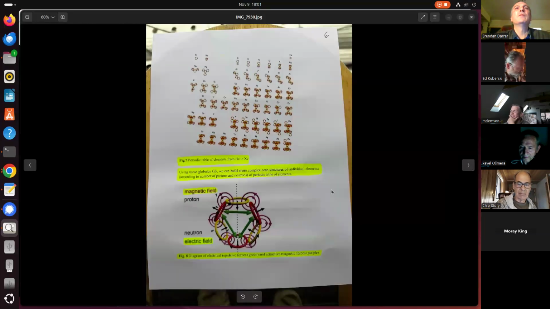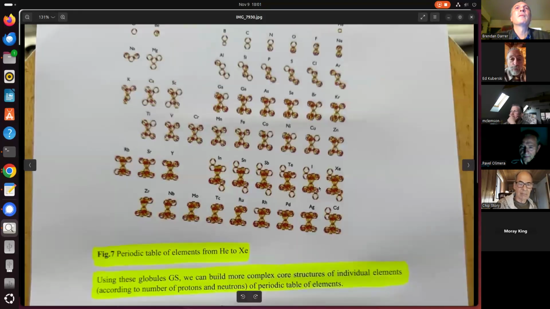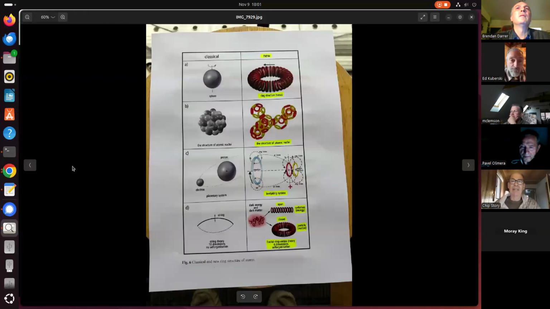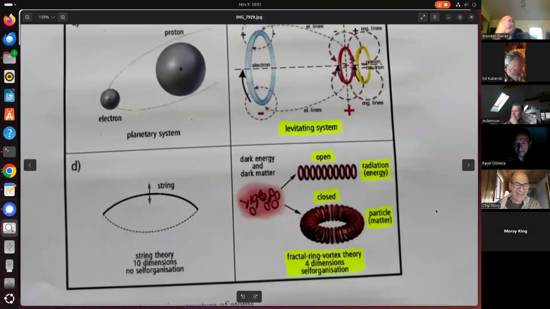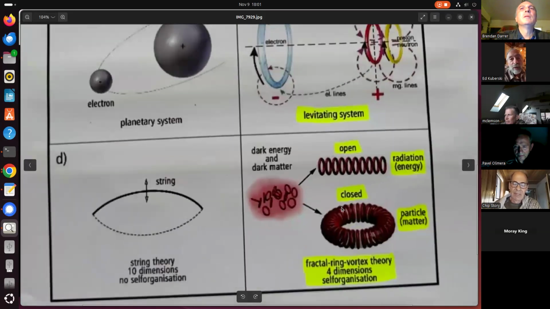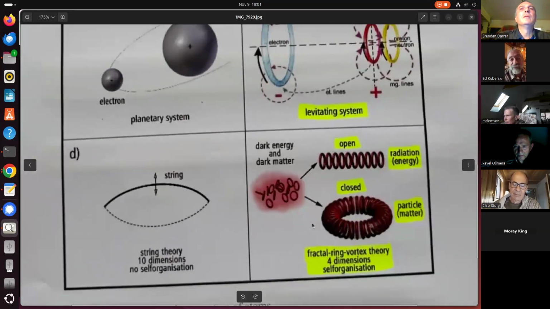Okay, so let's go back, Brandon. Yeah, go back to number 4. You're missing the most important thing right here in D. So now dark energy and dark matter, this does not fall into subquantum kinetics, essentially. We view this stuff as the ether, but this open system and closed system: if it's open, you've got radiation and energy.